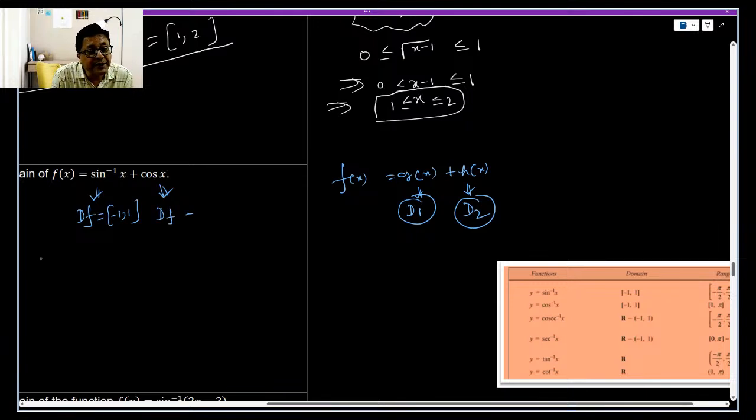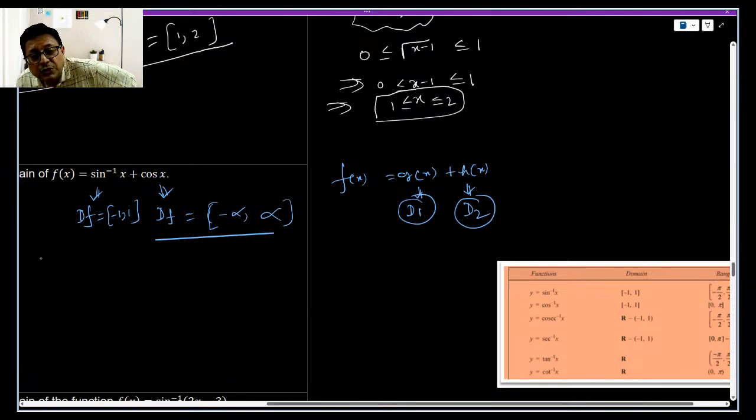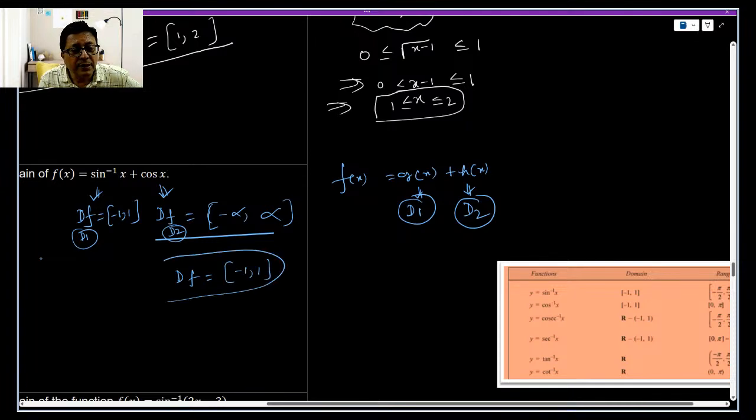Cos x domain is -infinity to infinity, because cos can take any angle, any value as input, isn't it? What is the intersection of these two? Sine inverse x plus cos x, their intersection we have to take. So the domain of f is going to be the intersection of this D1 and D2. What is the intersection over there? -1 to 1 is a subset of -infinity to infinity. So the domain of f will be -1 to 1. Clear?